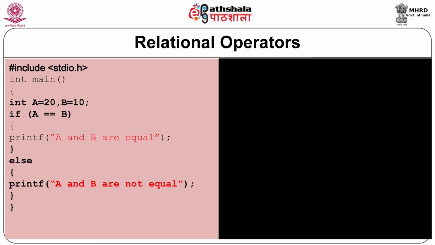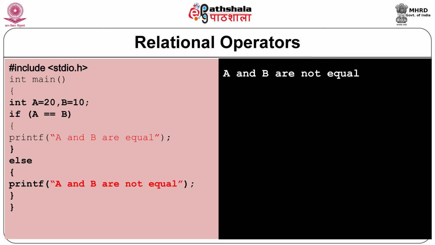You know, when this statement is true, then body of if statement gets executed. If that statement is not true, then else body will be executed. So, in this you can see A is not equal to B, it means that statement is not true, that expression is not true, therefore, body of else statement gets executed, and in body of else statement is written like A and B are not equal.